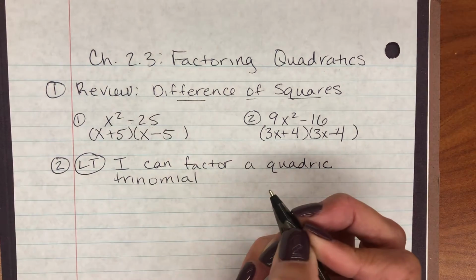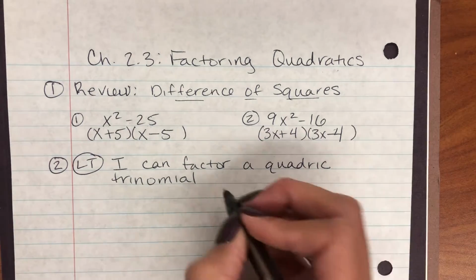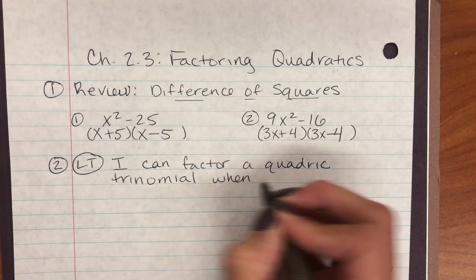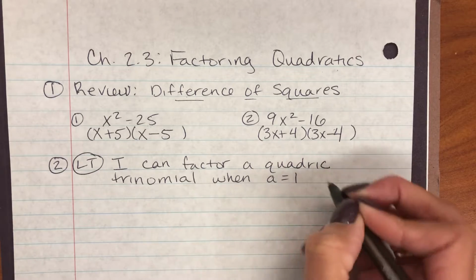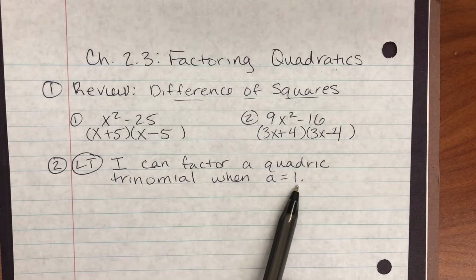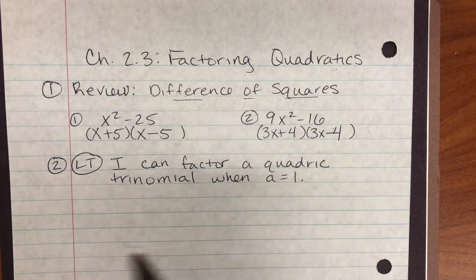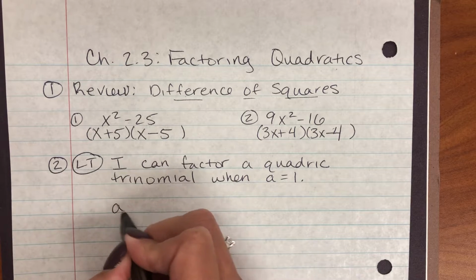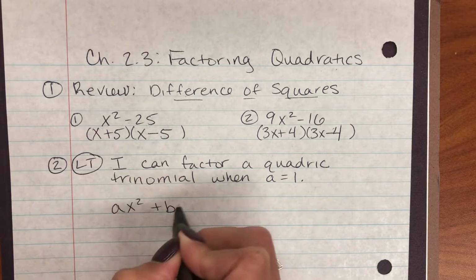For today, in our trinomial, our a term is going to equal 1. So when a equals 1. And then tomorrow we'll look at when a is greater than 1. So let's just review. Standard form is ax squared plus bx plus c.